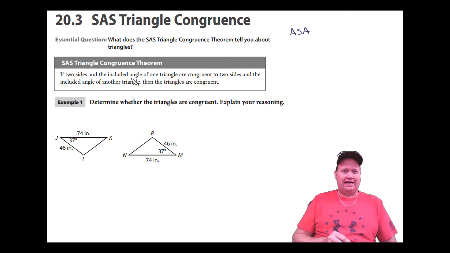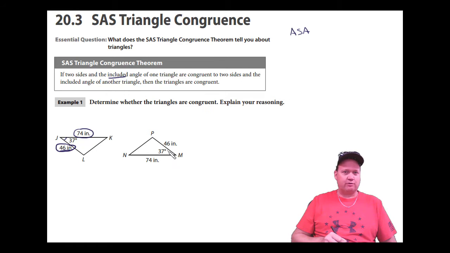If two sides and the included angle, there's that word again, included. 37 degrees right now is an included angle because it's surrounded by two sides that I know, 46 inches and 74 inches. Well, here's 46 inches and 74 inches too.